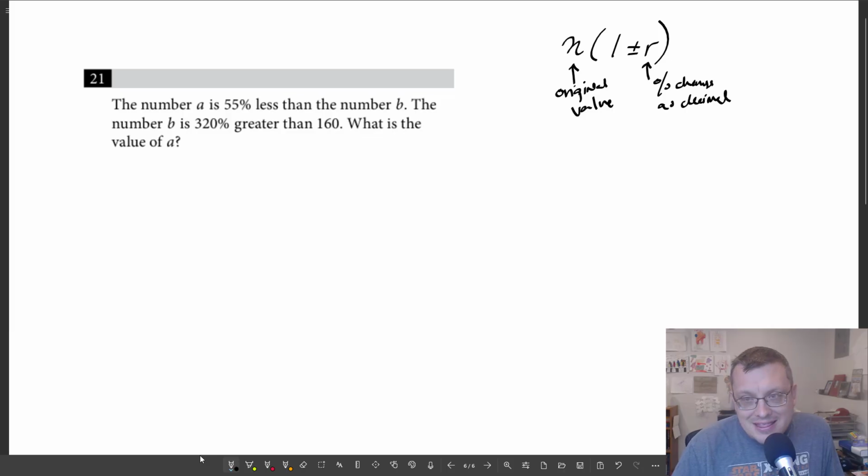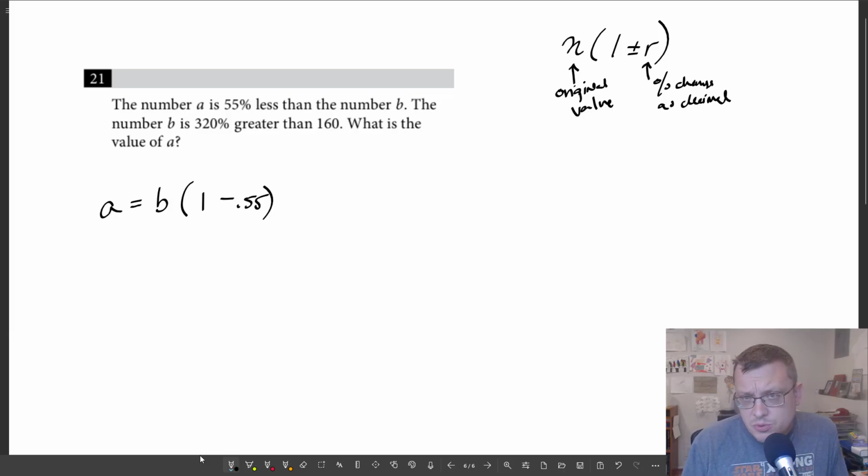So let's apply this rule to this first sentence to build an equation in terms of a and b that will help us eventually find the actual value of a. So the number a, let's write this, a, is, we translate that as equals, 55% less than the number b. So this can be translated as b decreased by 55%. So b would therefore be the original or the starting value. And we're going to multiply it by 1 minus 0.55.